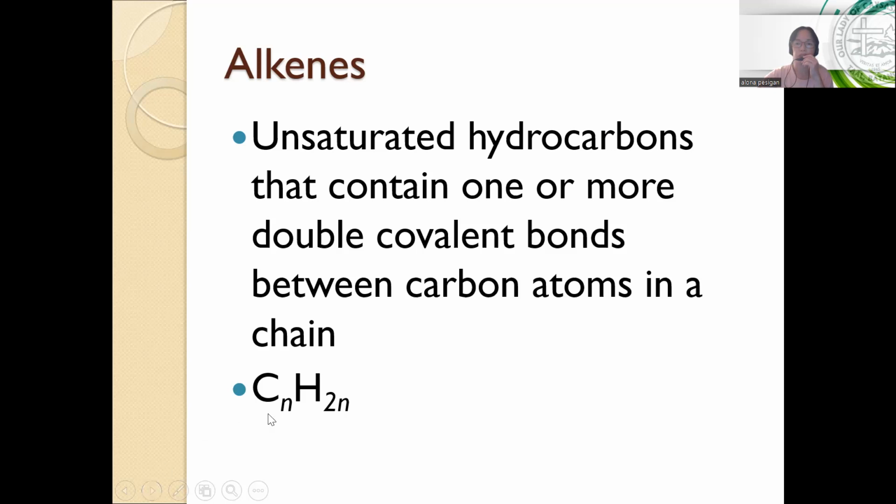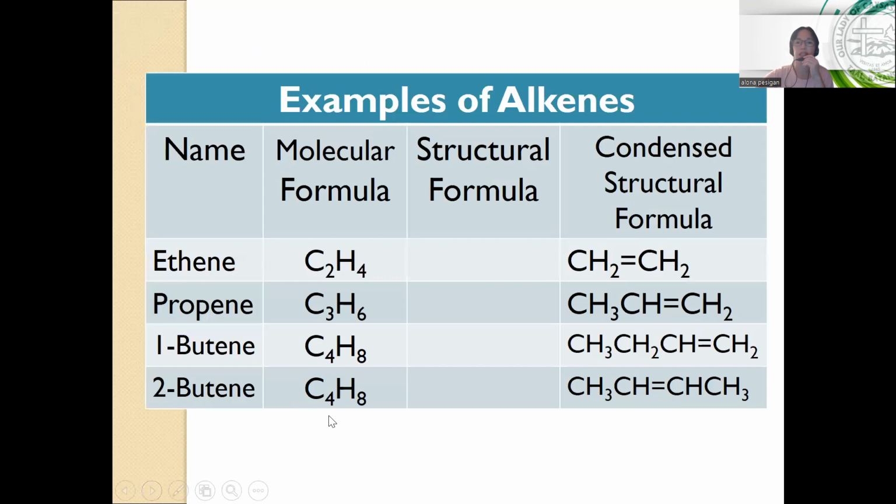If there are 2 carbons, there will be 4 hydrogens, so it's C2H4; C3H6, right? So that's for alkenes. These are our examples: ethene, take note of how the name ends, ENE: ethene, propene, butene, pentene, hexene, heptene.